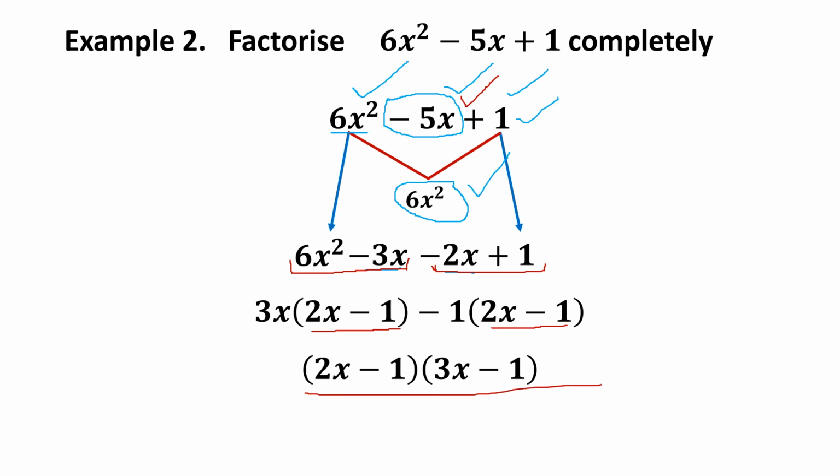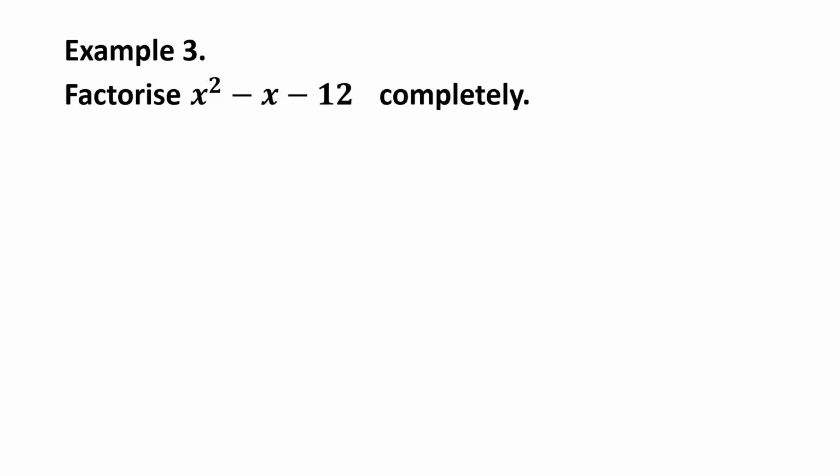Right, let's move on to our third example. Factorize x squared minus x minus 12 completely. Right, in this case I won't show all those other steps that I've been showing in examples 1 and 2. I'll just find the factors here.